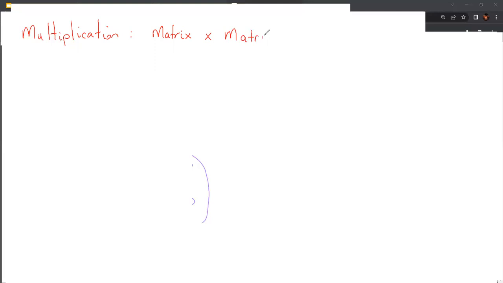Right, so they want us to multiply one matrix by another matrix. Now, these are only possible if the two matrices are compatible. So let's say they give us a matrix like this. Let me do an actual example.